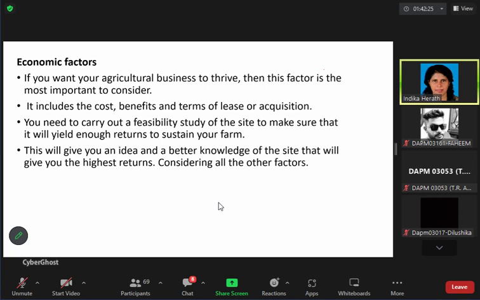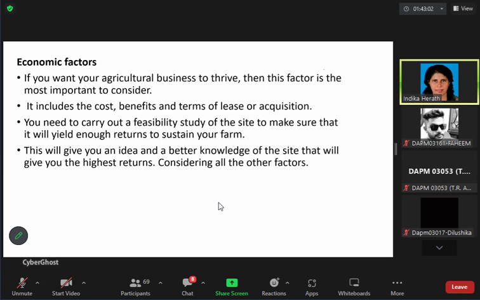And you need to carry out a feasibility study of the site, whether it is suitable for investment. And also we should not forget that we want to have a suitable assessment tool or model for your crop and its processing and marketing and all those things.